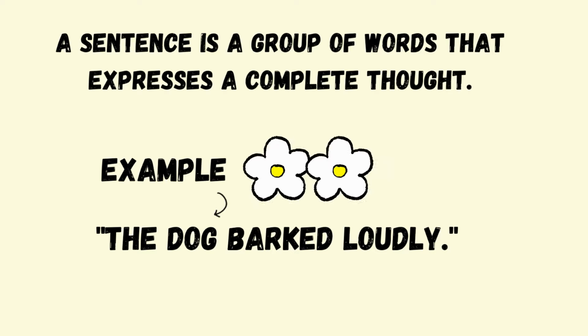Sentences start with a capital letter and end with a period, question mark, or exclamation mark. For example, the dog barked loudly. In this sentence, the dog is the subject and barked loudly is the predicate. Together, they make a complete thought. These functions work together to make English sentences clear and meaningful.